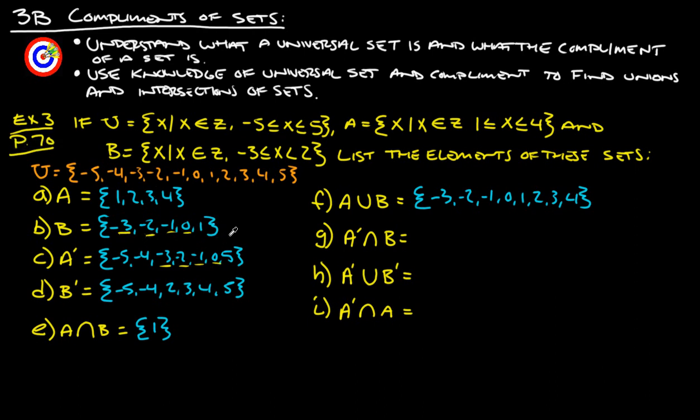So it's those 4 there. So we have -3, -2, -1, and 0.